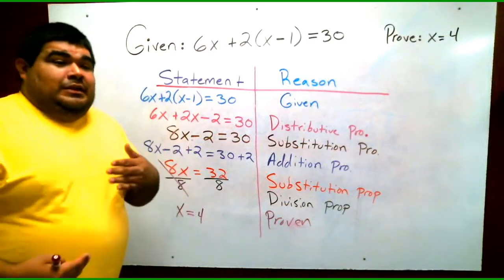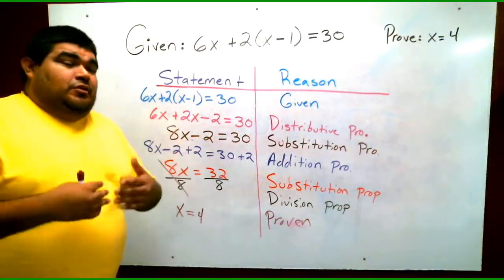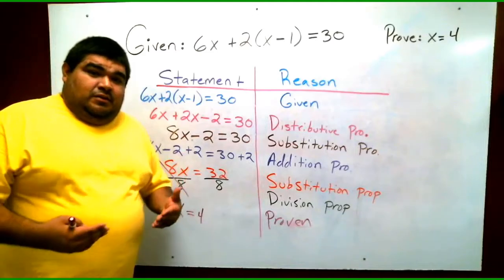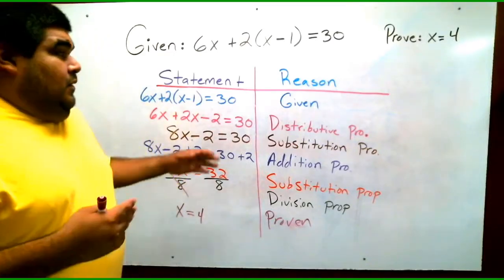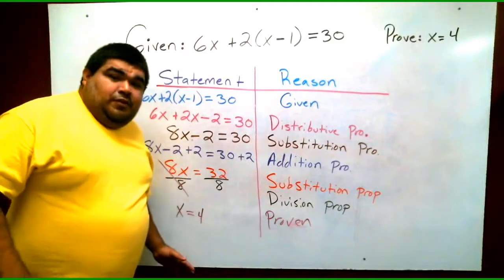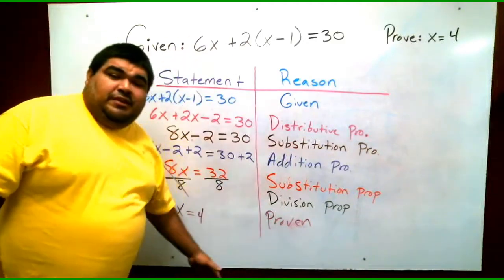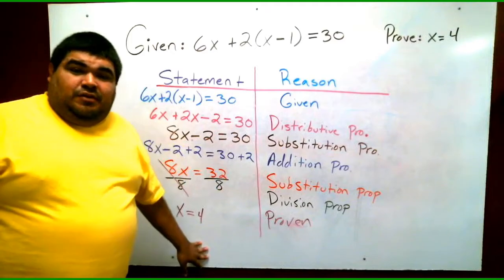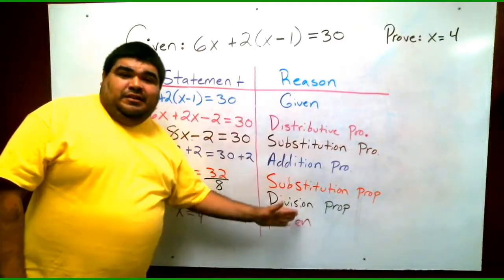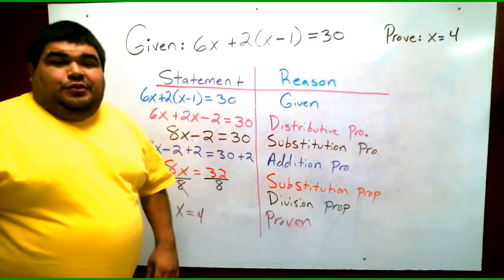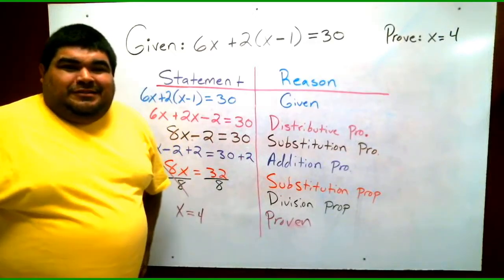In this class, we need to get a little more used to explaining stuff. So start getting into that mentality where you have to explain. But for the purpose of today, we've proven that x equals 4 with the equation, the reasons, the steps we did. So here's your assignment.